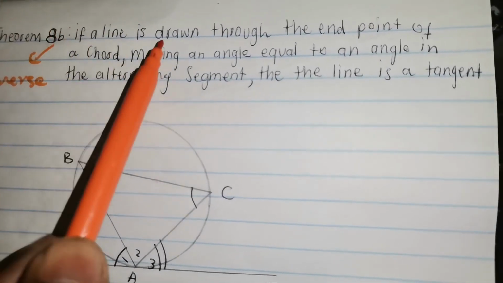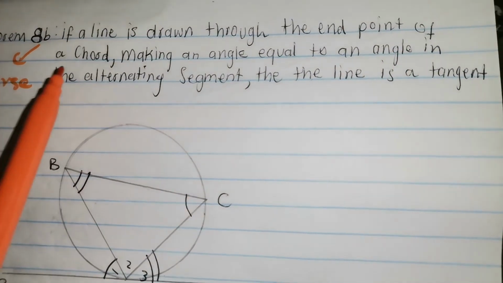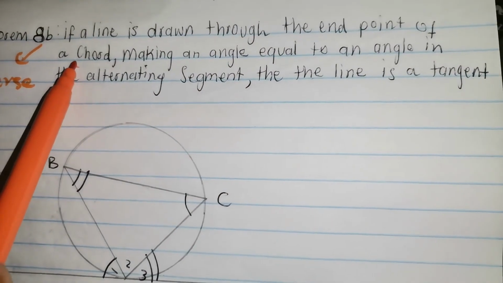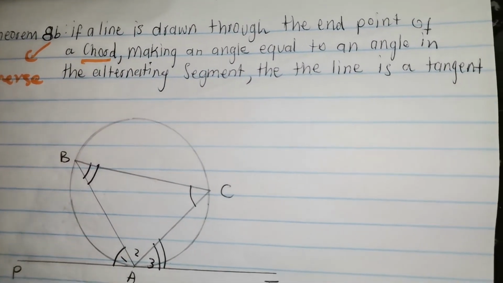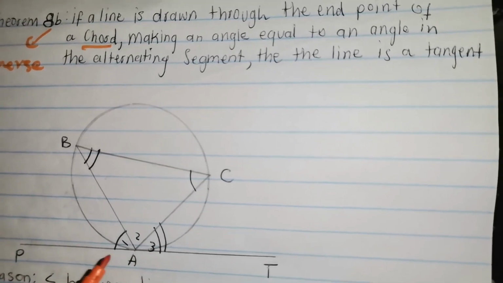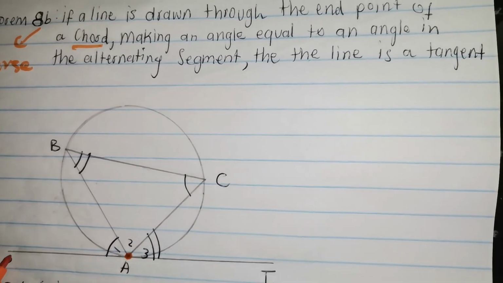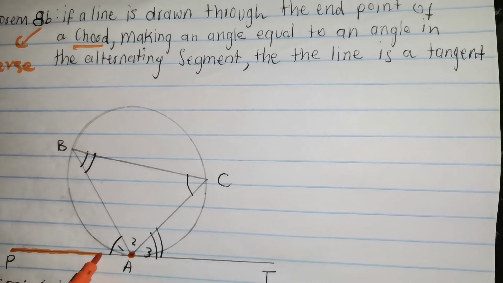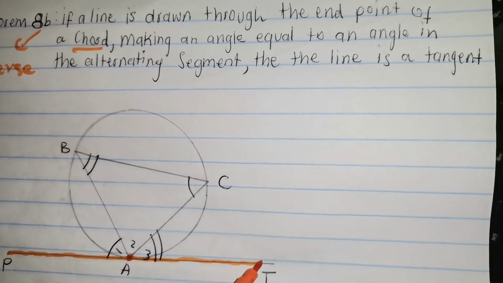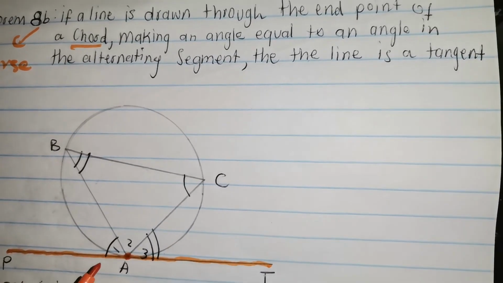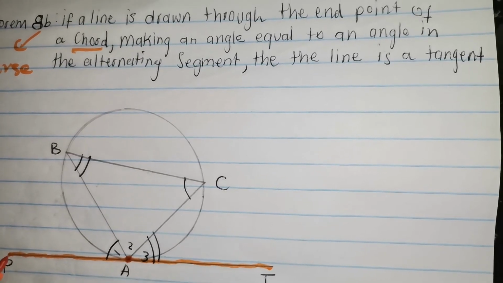So if a line is drawn through the endpoint of a chord, basically we have a line here, and here is our endpoint. They talk about this line, PAT. This line is drawn at the endpoint of a chord. Which chord?